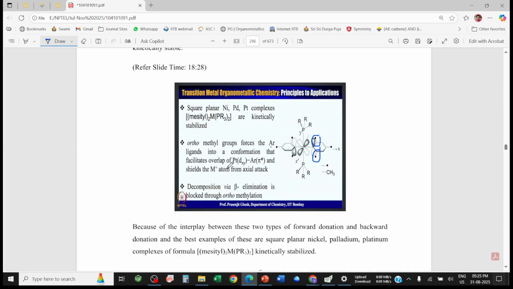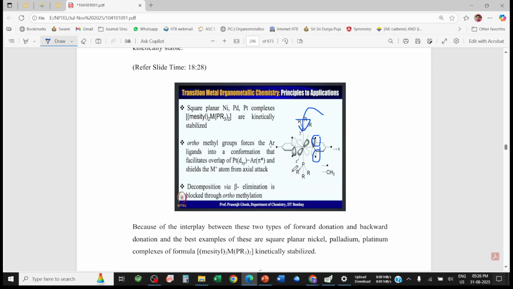As the aromatic ring rotates, the possibility of attack from this axial direction is prevented because of the restricted rotation of the ortho methyl groups.